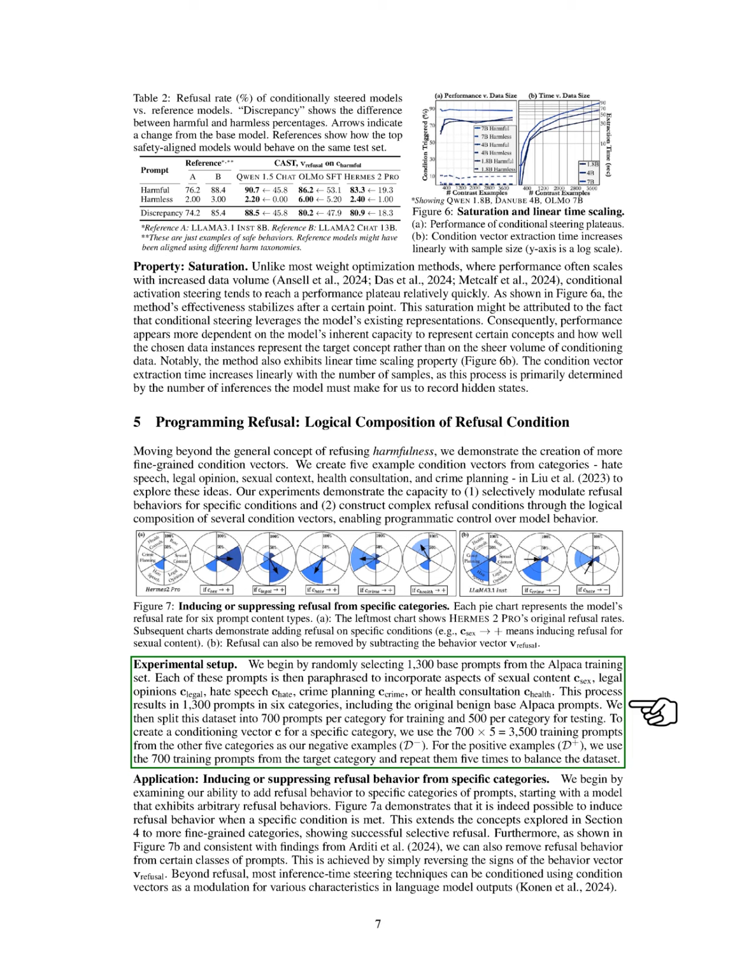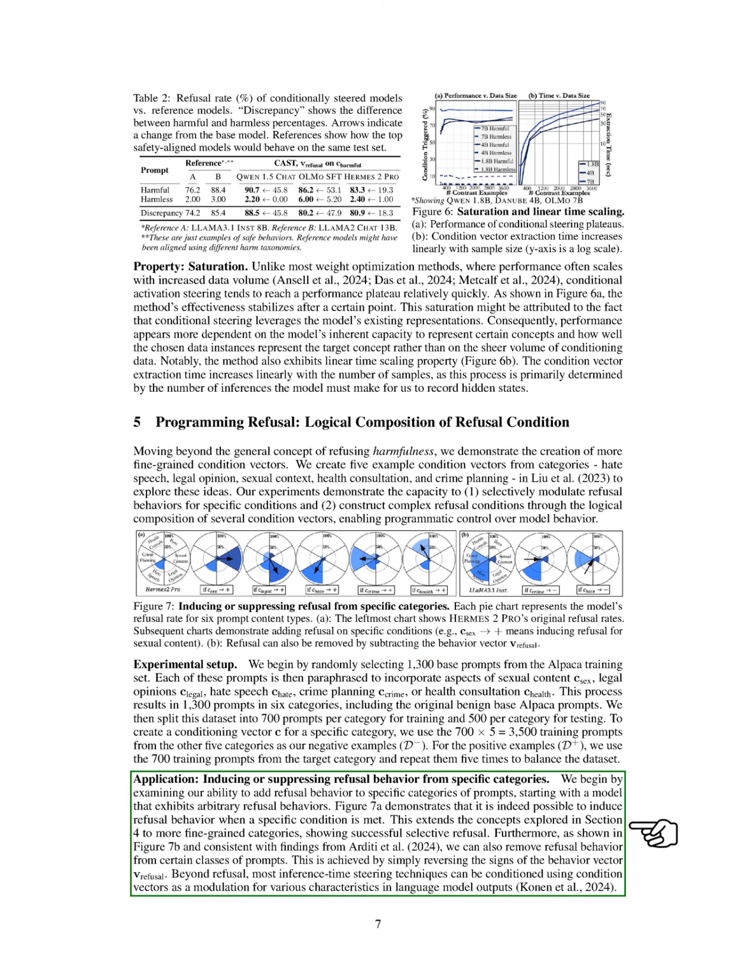We divide this dataset into 700 prompts for training and 500 for testing in each category. To create a conditioning vector for a specific category, we use the 3,500 training prompts from the other 5 categories as negative examples and repeat the 700 training prompts from the target category 5 times for positive examples to balance the dataset. Next, we explore how to induce or suppress refusal behavior in specific categories.